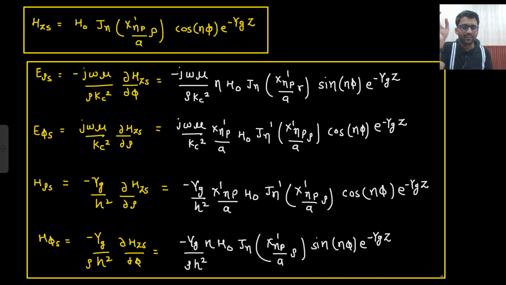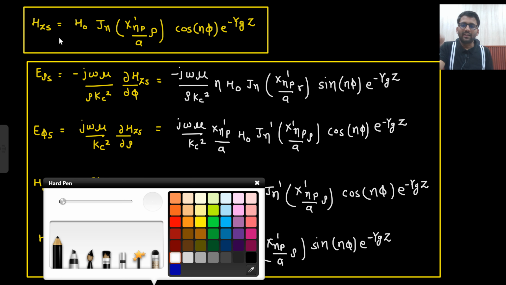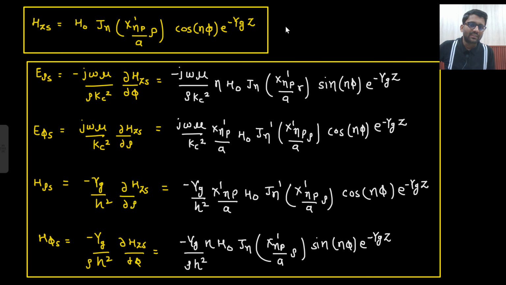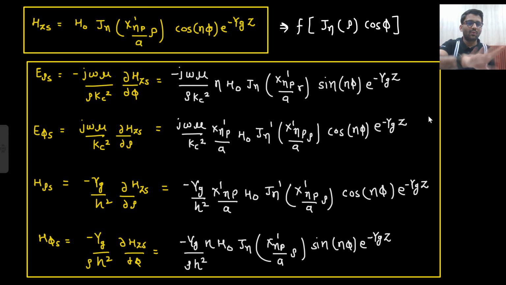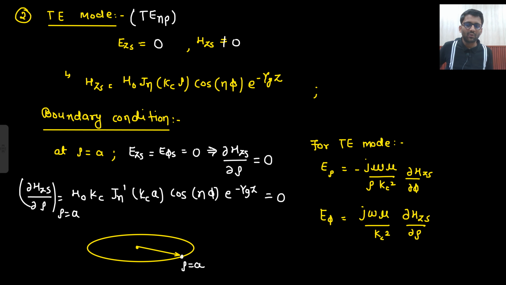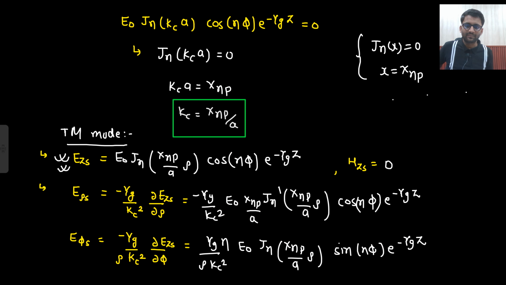Just notice one thing here, that our HZS is a function of Jn rho and cos phi. Okay, HZS is a function of Jn rho cos phi. Here if there is any factor, I don't care. Jn cos, the same goes for EZS as well, that it is a function of Jn rho cos phi.